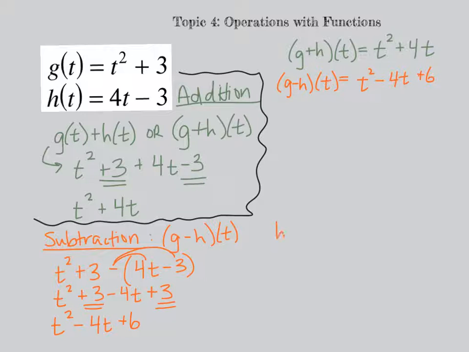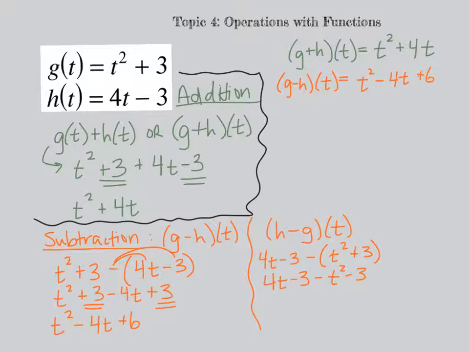All right, what if we did subtraction in an alternate way? What if we did h minus g of t? Okay, if we do it that way, we have to start with h and then subtract g. So we're subtracting in parentheses t squared plus 3. Then when we distribute our minus sign, we'll have 4t minus 3 minus t squared minus 3.